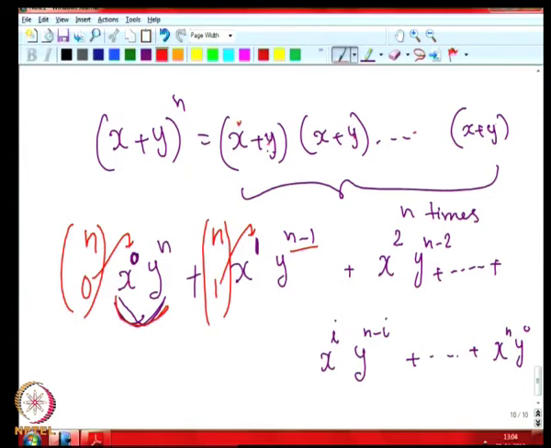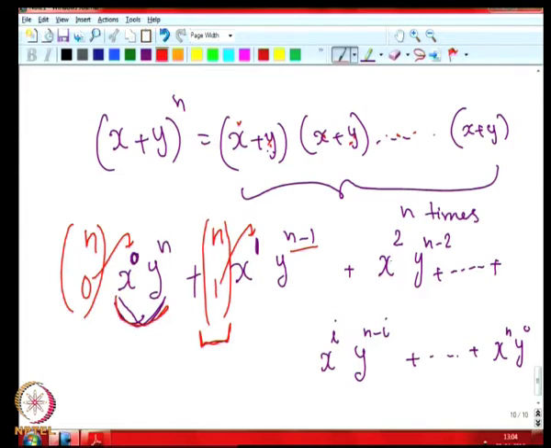Now y into x into y into y into y is another such term. Then y into x into y is another. So we have to add them all together. We just count, and that count is put as the coefficient, how many times x raised to 1 into y raised to n occurs. That is n choose 1.